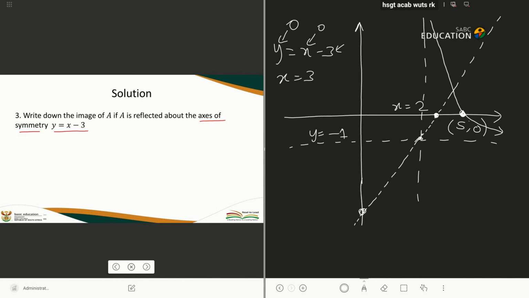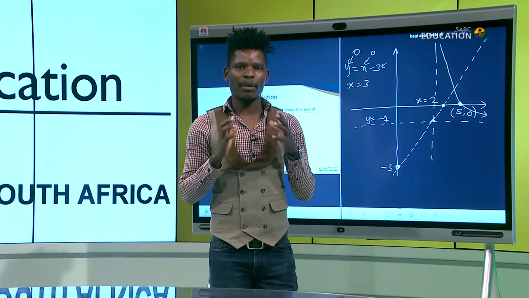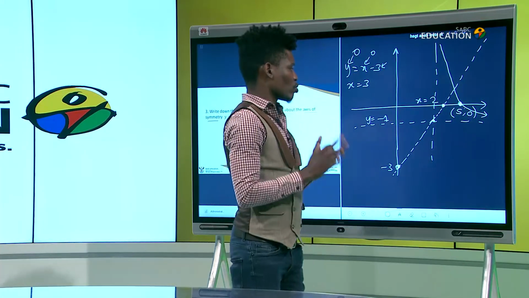So this point here is (0, negative 3). But what I'm saying is that the transformation that we are able to do right now is the reflection about the line y equal to x. So that is what I want us to make use of to solve this question.